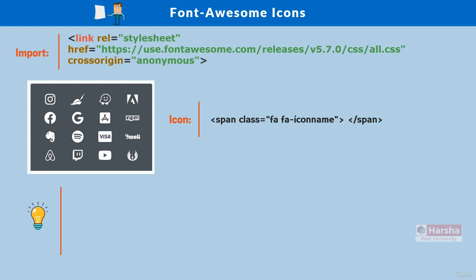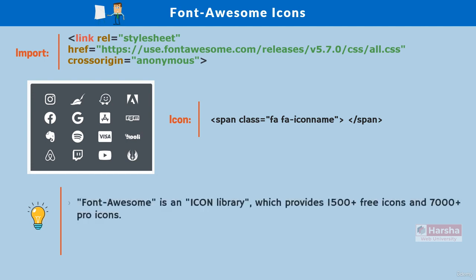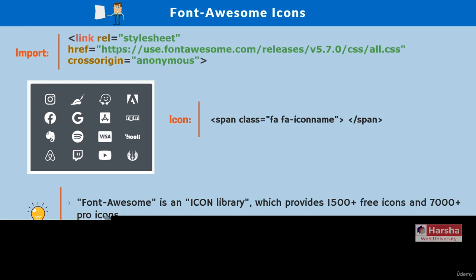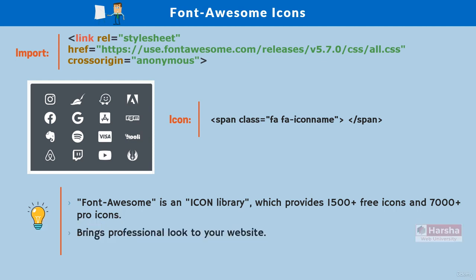After importing the library CSS file of Font Awesome, you can start using the Font Awesome icon anywhere in the current working web page by writing a small tag, maybe a span tag, or B or I tag. And in the class attribute, you can add FA, which means Font Awesome, and then a space, then add the icon name.